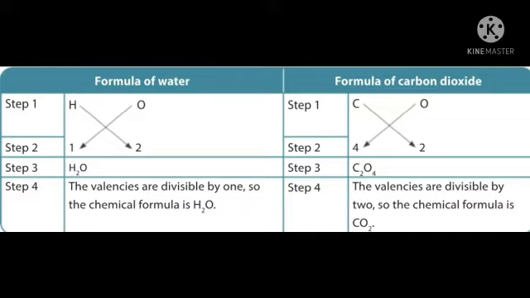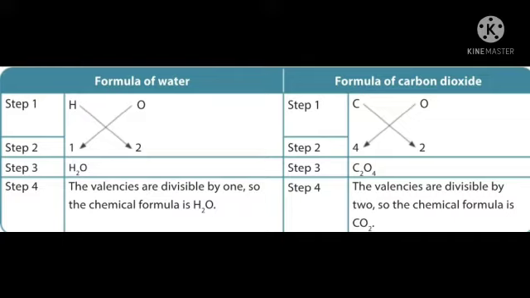If there is no number, we can assume it is 1. Then the fourth step: is there a common number? We can divide by 1. The valencies are divisible by 1 here. See H2O, here 2, there 1. So we can only divide by 1. So the chemical formula is H2O itself.